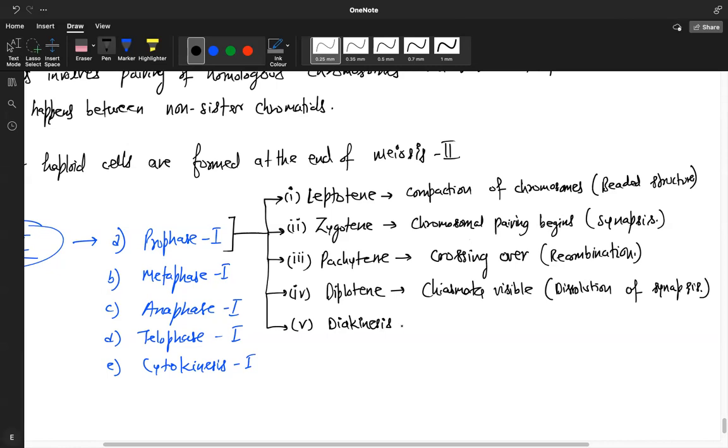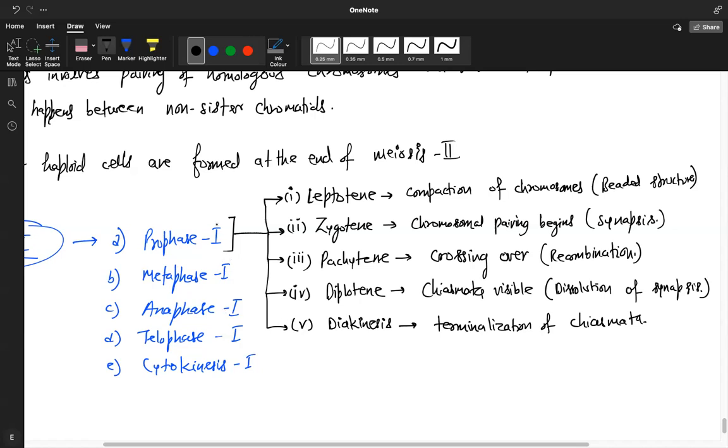In one line, it is the terminalization of chiasmata, the ending of chiasmata. The chiasmata was visible in diplotene, so terminalization of chiasmata. Okay, is this clear? And with diakinesis, prophase 1 ends and metaphase 1 begins.